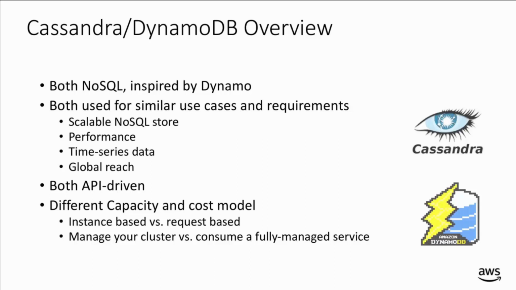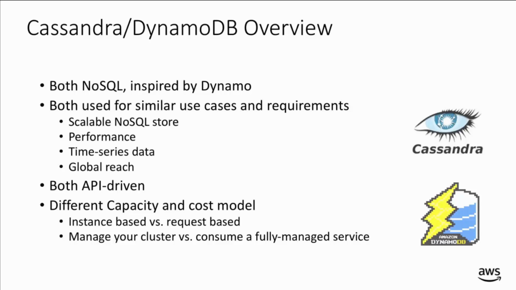Now, they have different capacity and cost models. Cassandra is instance-based, while DynamoDB is fully managed, and it's therefore request-based. Fully managed means that you don't get to see any instances or clusters. So while with Cassandra, you have to manage your cluster and instances, with DynamoDB, you just consume a fully managed service, and somebody else takes care of managing the clusters and the infrastructure.